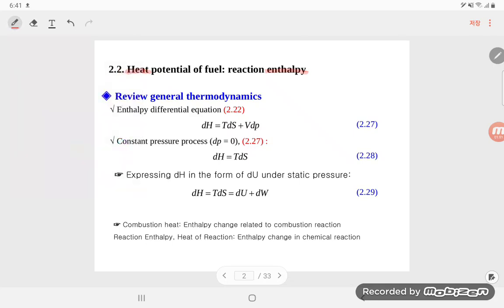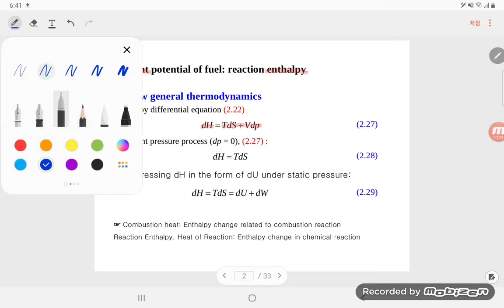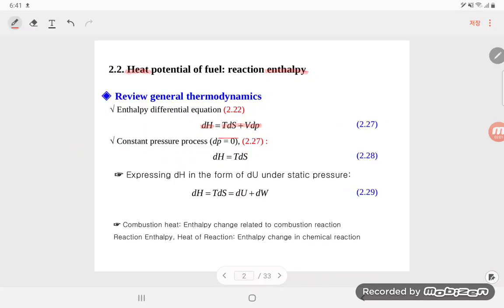As we learned, dH equals TdS plus VdP. If we assume a constant pressure process, then dP goes to 0, so dP is cancelled in this equation, and dH equals TdS.